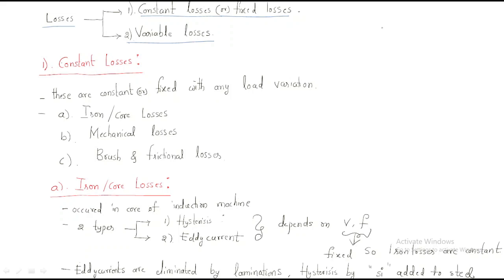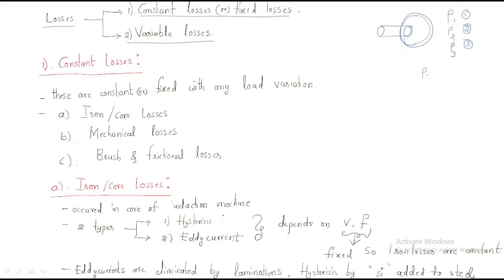For example, the motor shaft is connected to some load. Sometimes it requires more power: in the first case it requires more power, in the second case less power, and in the third case again less power.